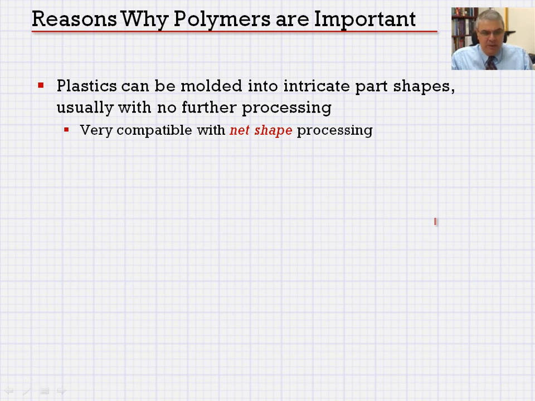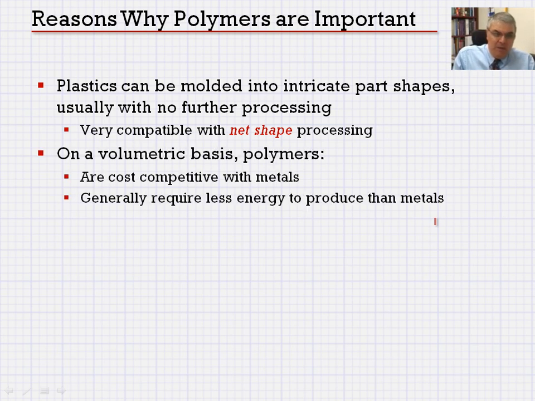Some of these shapes could be really intricate parts, and we may not be able to make those using any other material. Usually it doesn't require a lot of processing or post-processing. They are very compatible with net shape processing on a volumetric basis.